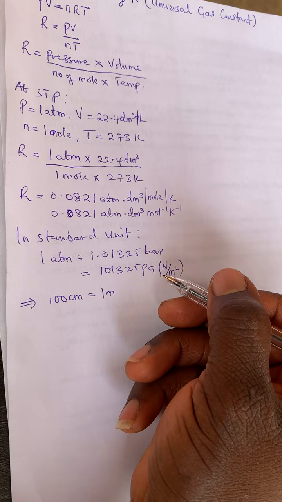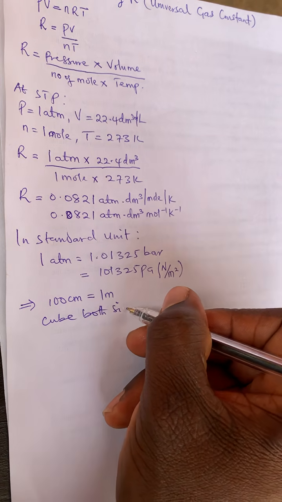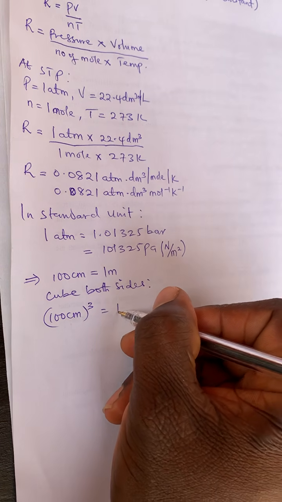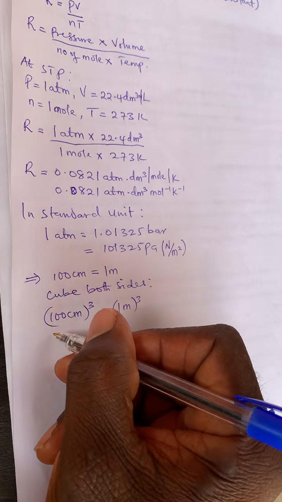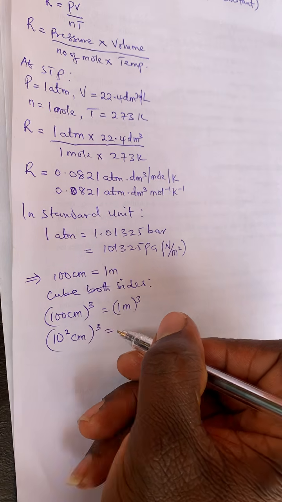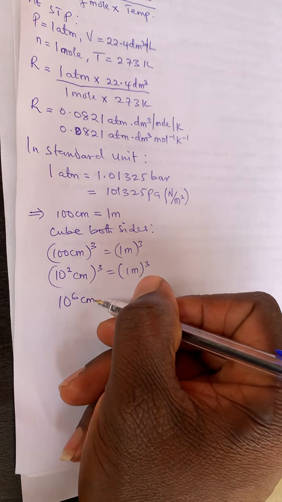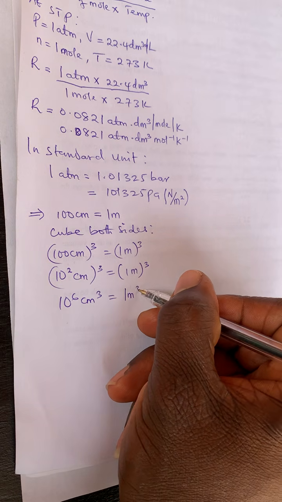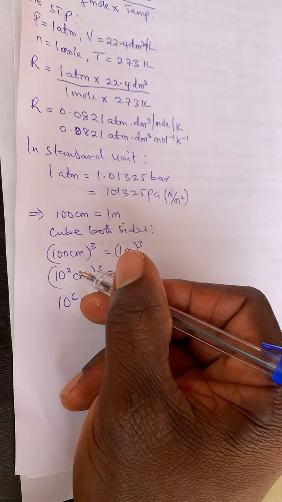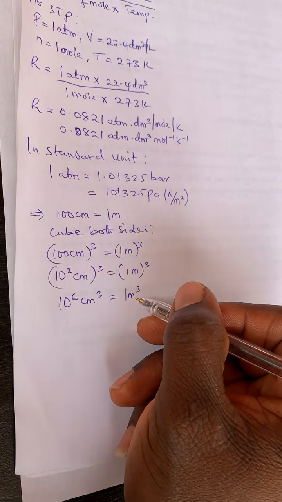If we cube both sides, then 100 cm cubed is equal to 1 meter cubed. 100 cm is 10 raised to power 2 cm, so cubing it, the powers multiply, and we have 10 raised to power 6 cm cube equal to 1 meter cube.